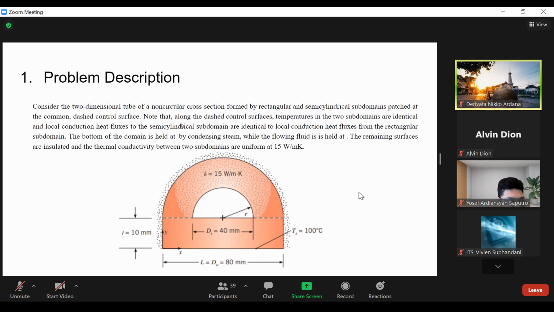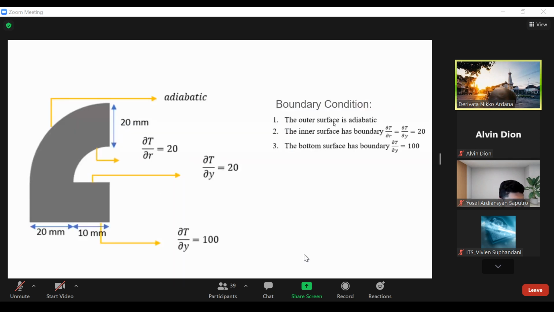The first is the problem, we choose this geometry. Next slide, Chef. This is our boundary condition.